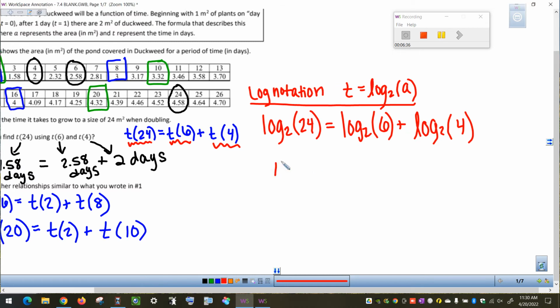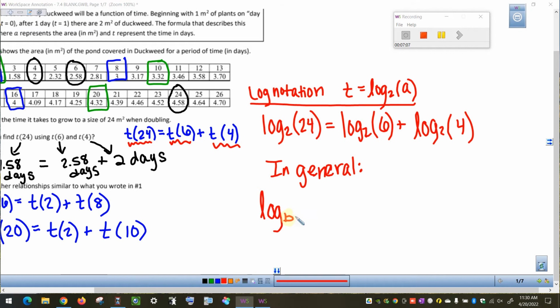So we're going to generalize this to write out a statement for this first property. And I'm just going to switch the order when we write this out here. I'm going to put the addition part listed first, and then the answer part at the end, but that's okay. It's just a different way of saying the same thing. So I'm going to say log base b. So I'm going to do a little b there in place of the 2, just because it doesn't have to be log base 2.